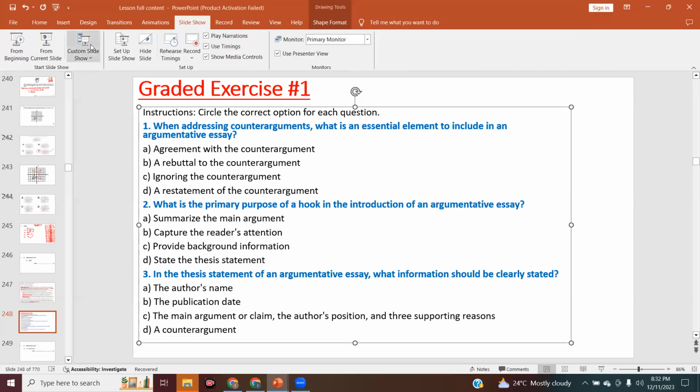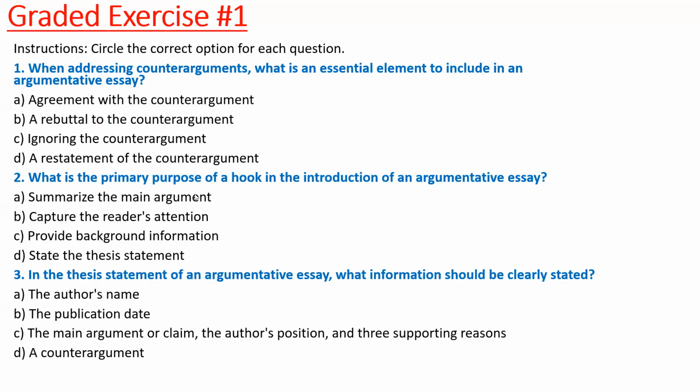And then number three. All right, so I'm only going to give you three for tonight. The first question says, when addressing counter arguments, what is an essential element to include in an argumentative essay? Is it A, agreement with the counter argument, B, rebuttal to the counter argument, C, ignoring the counter argument, or D, a restatement of the counter argument?